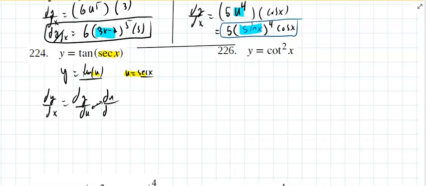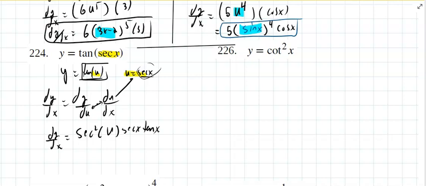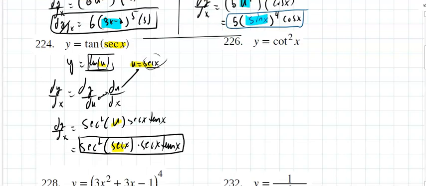U depends on x, and the derivative of tangent, we know that's secant squared of u, and derivative of u with respect to x is secant of x tan of x. And all I have to do is substitute this back, and pretty much I'm set. So my answer would be the secant squared of the secant of x times the secant of x times tangent of x, and there it is.